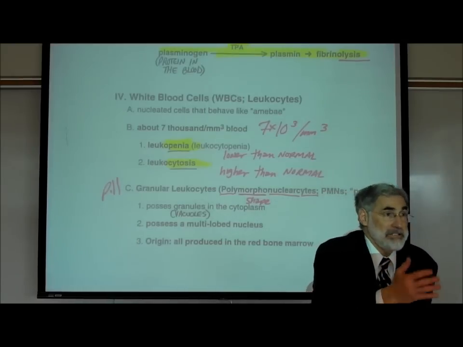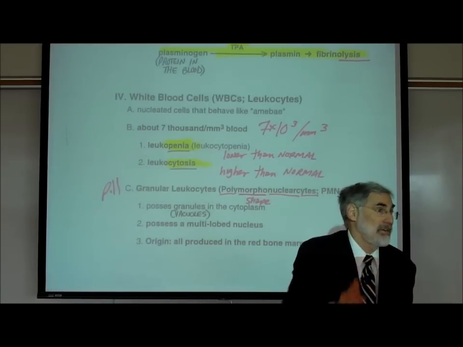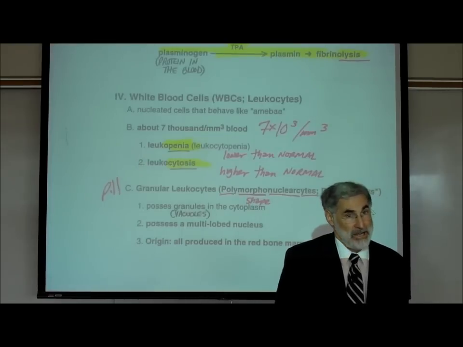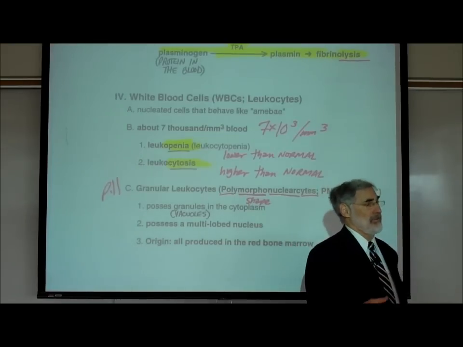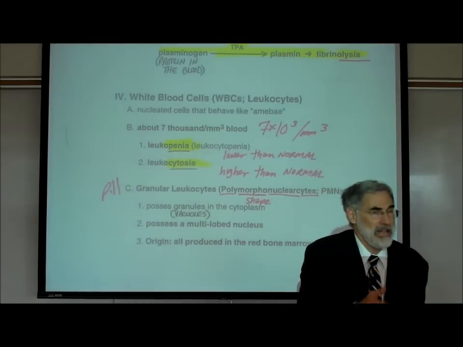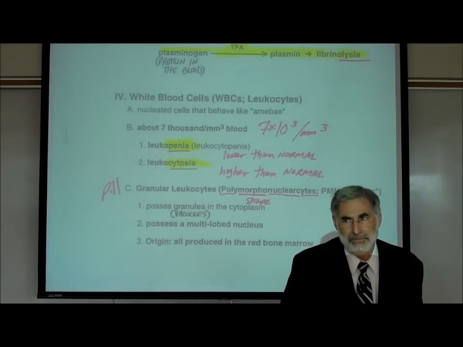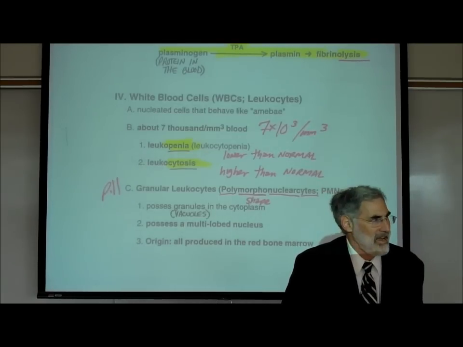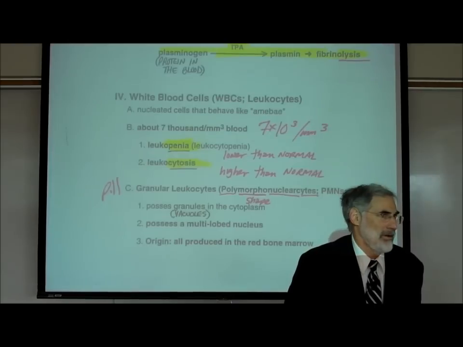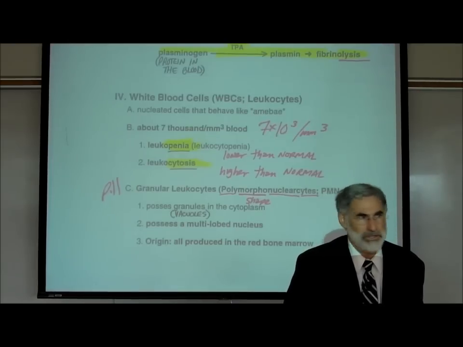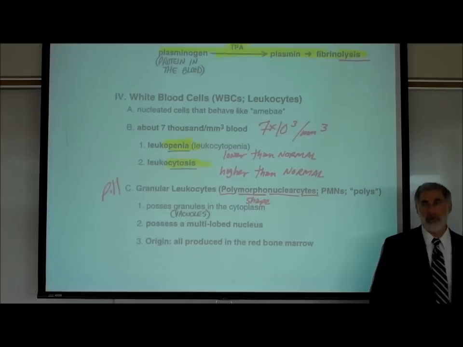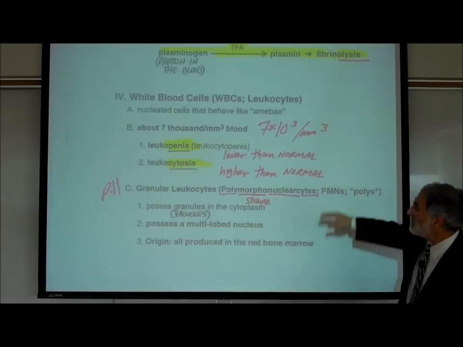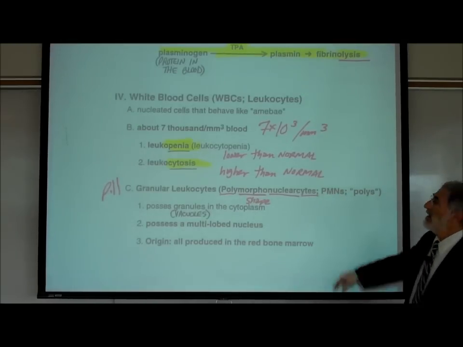And let's say you called somebody who's undergoing chemo and said, I'd like to come and visit you. And they might say, I'd love to see you, but if you're sick, please don't visit me, because they are very vulnerable to get sick. Their white blood cell count is down. They have leukopenia. All right?